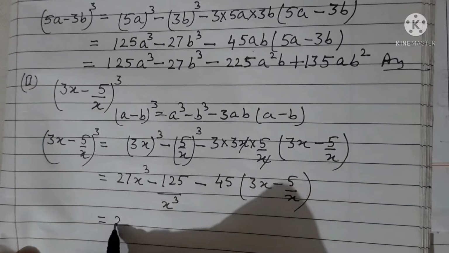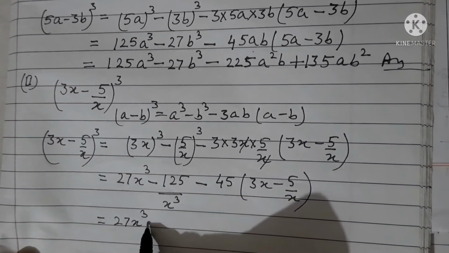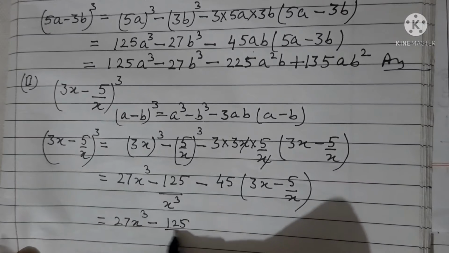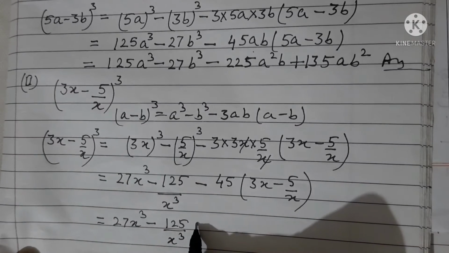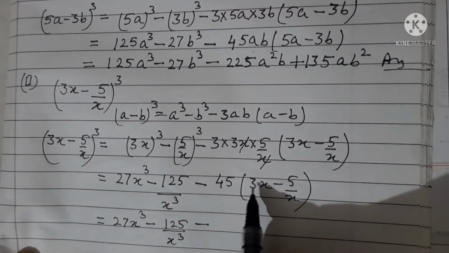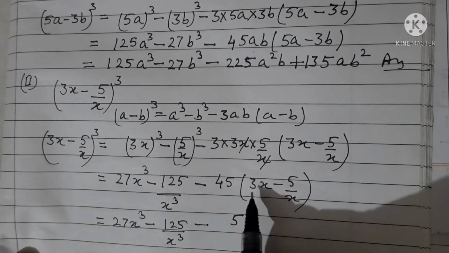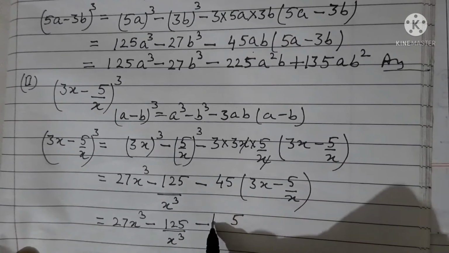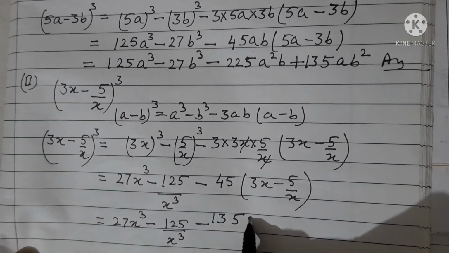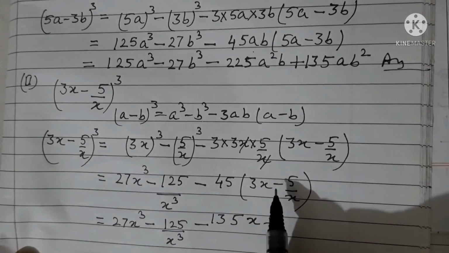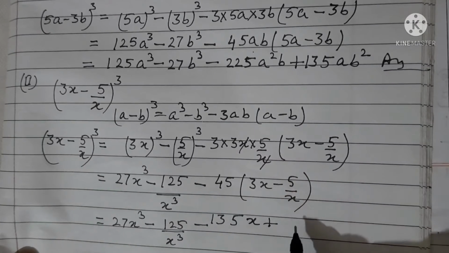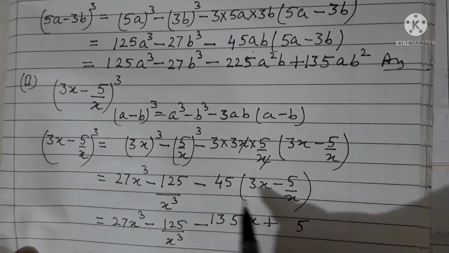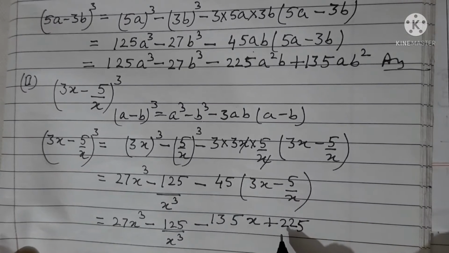Now you will get 27 x cube minus 125 upon x cube minus 45 into 3, 3 5s are 15, 3 4s are 12 and 1 is 13, 135 x minus minus plus and 5 5s are 25, 5 4s are 20 and 2 is 22 upon x.